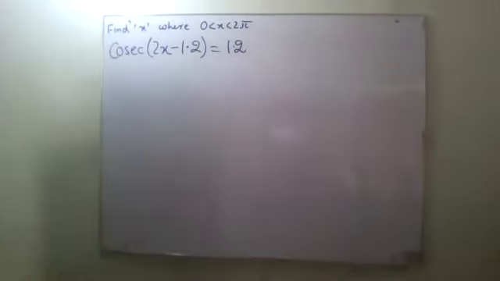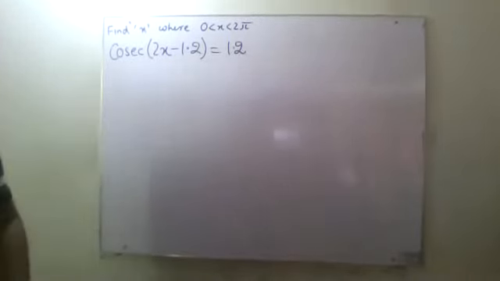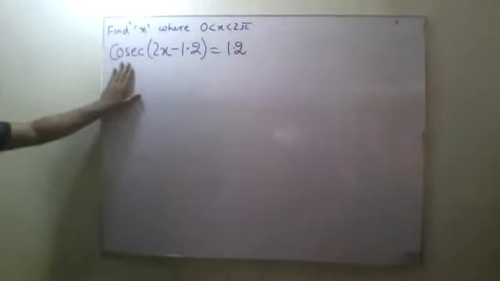This is my new question: cosec bracket 2x minus 1.2 equals 1.2, and they are telling us that we have to get the value of x.